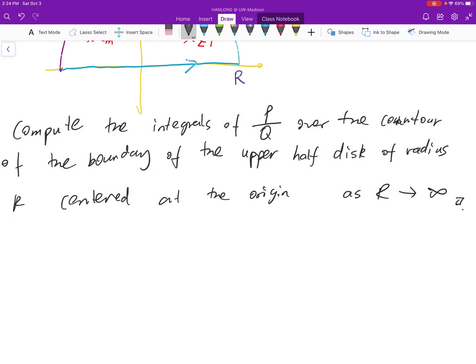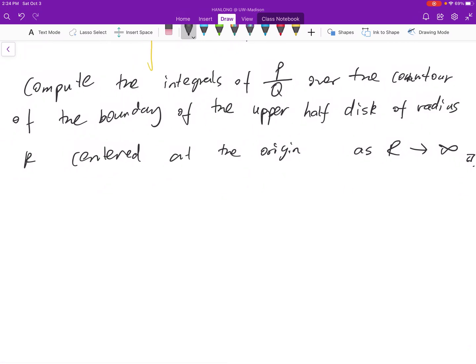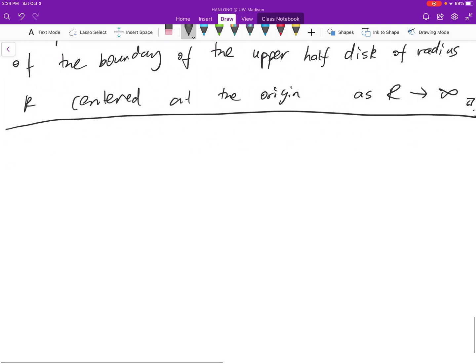So that's a general procedure, but to get the conclusion, we still need to work a little bit, but then the result is very clean.